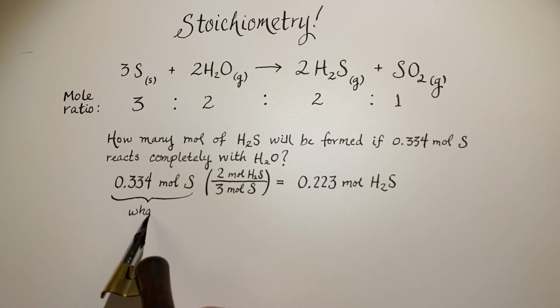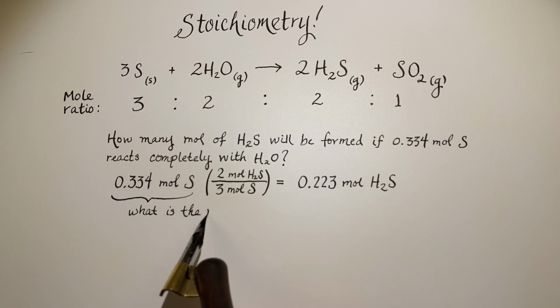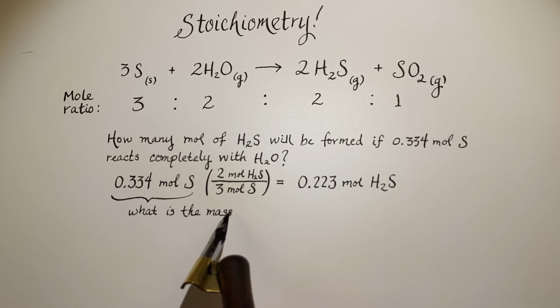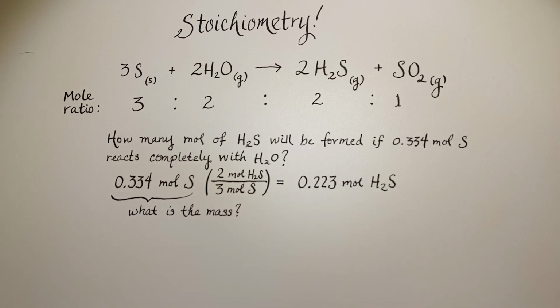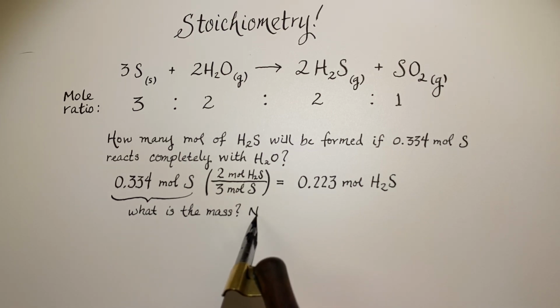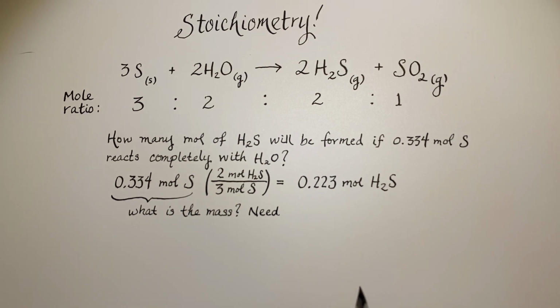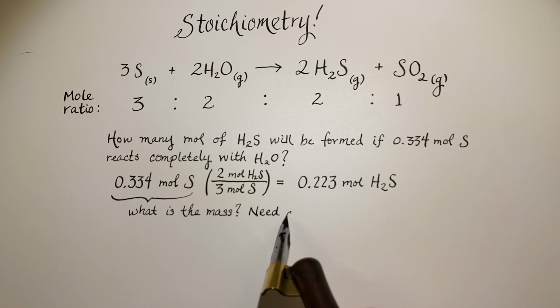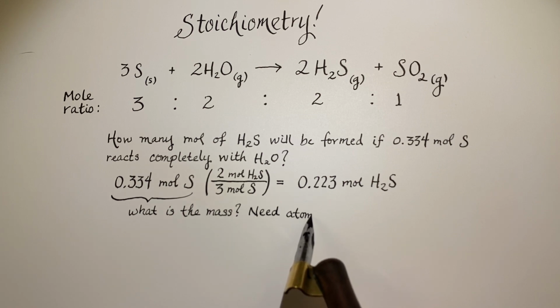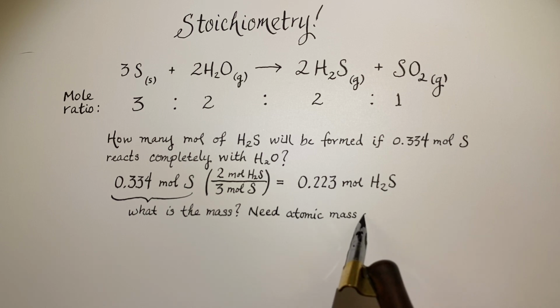Let's ask this other question. And this is where we would need a little bit more information. What do we need? If we want to go from moles to grams, we need the atomic weight, or the atomic mass of sulfur.